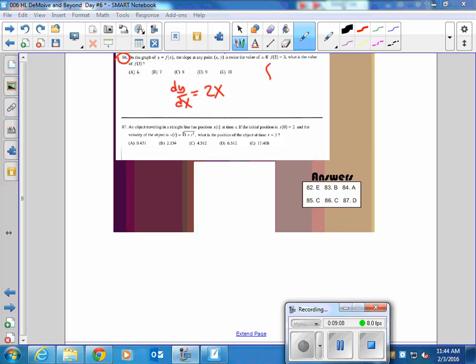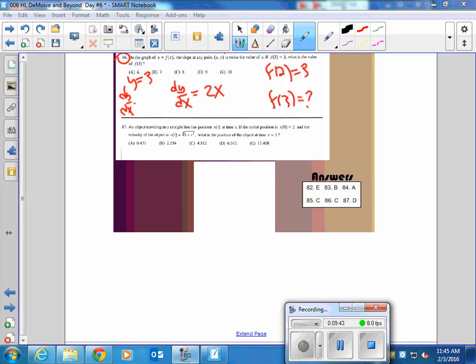So y is going to be the value, and that's equal to, in this case, 3.